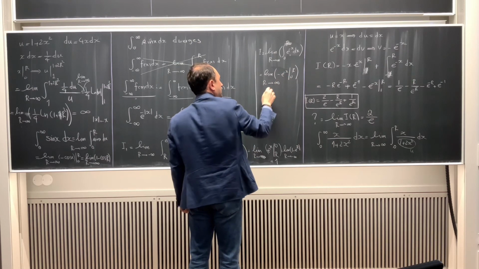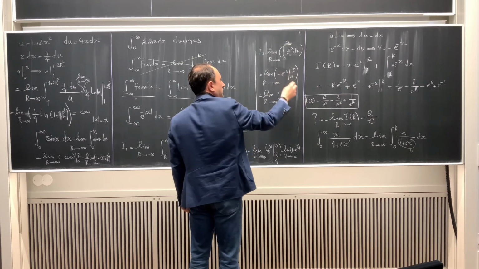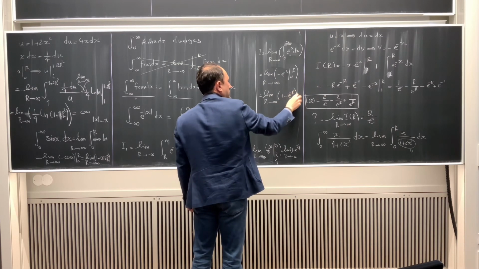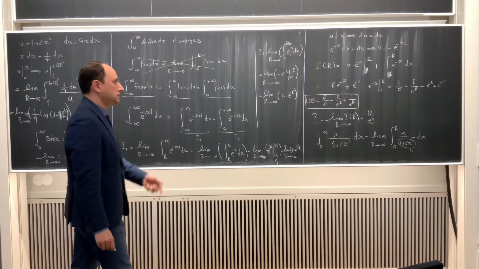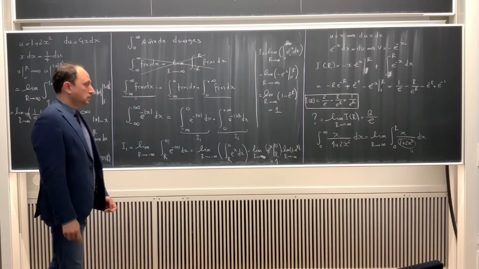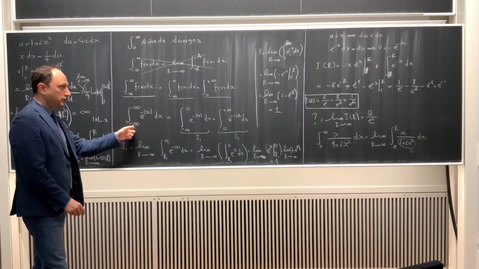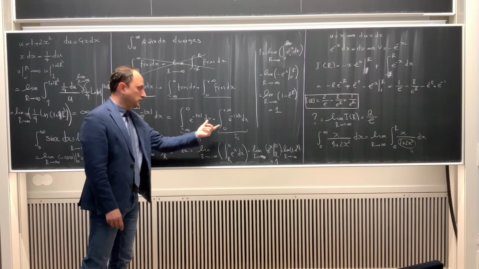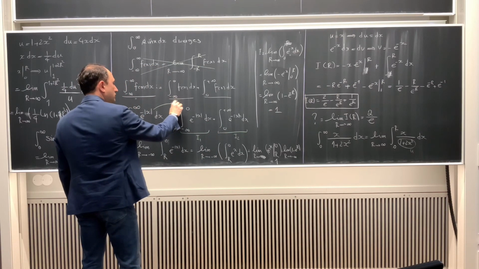So this becomes the limit of r goes to infinity of 1 minus e to the power minus r, and the limit, again, is 1. So this means that this integral actually converges to 2, because this was 1 and this one is also 1.